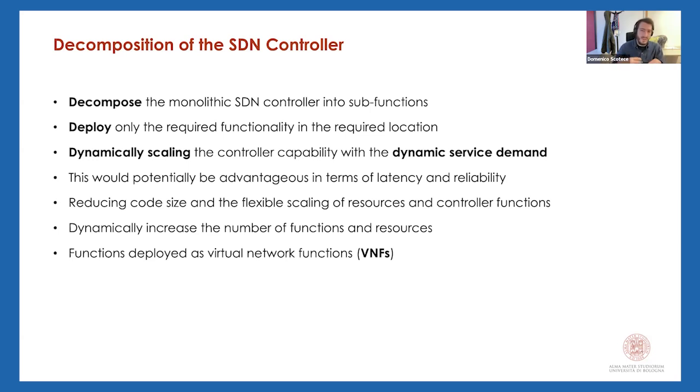You can leverage orchestrators like Kubernetes if you want to run it in Docker containers, or Open Source MANO, for instance, if you want to leverage a virtual network function. And then also we have a lot of benefits like reducing the code size, dynamically increasing the number of functions and resources, and so on.